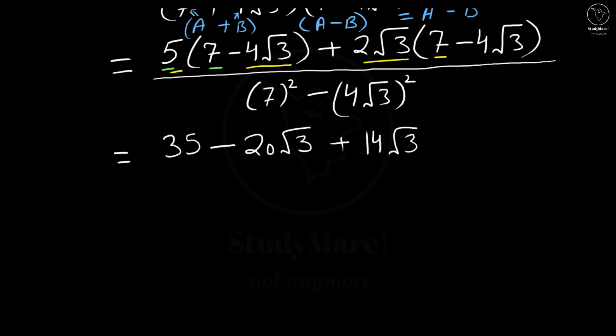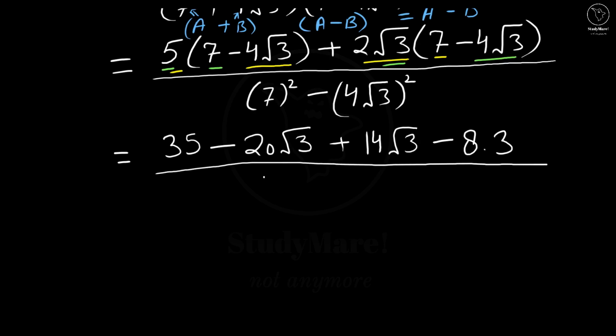Then we have 2 root 3 into minus 4 root 3, which gives us minus 2 into 4 is 8, and root 3 into root 3 gives us 3. Divided by 7 square, we get 49, minus 4 square is 16, and root 3 into root 3 is 3, which is equal to 35.